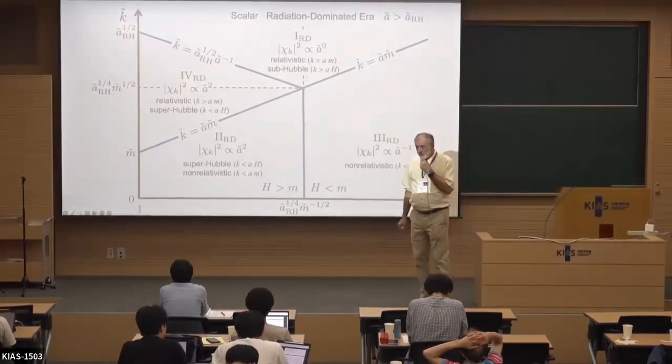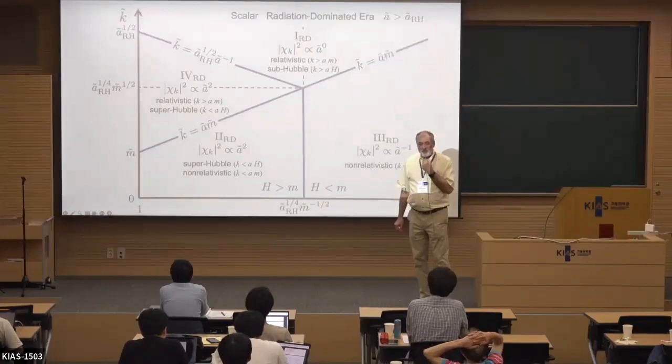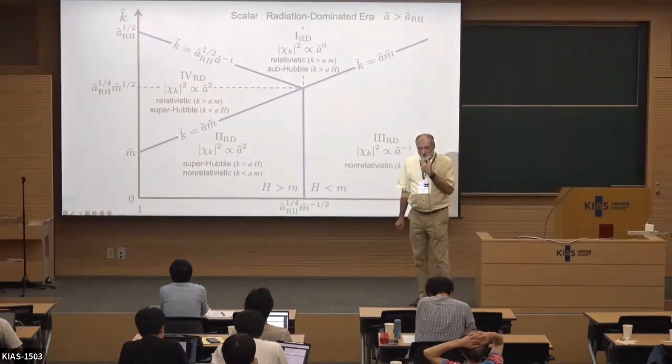So for radiation, the Ricci scalar is 0. So it doesn't matter whether it's minimally coupled or conformally coupled.